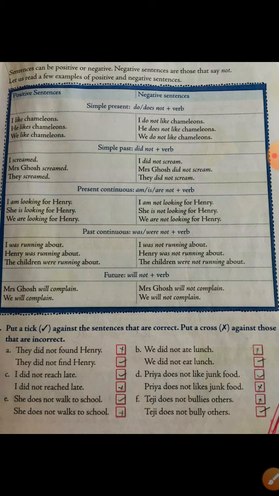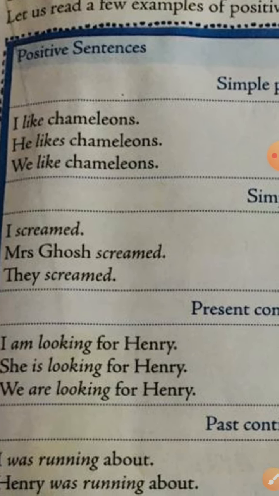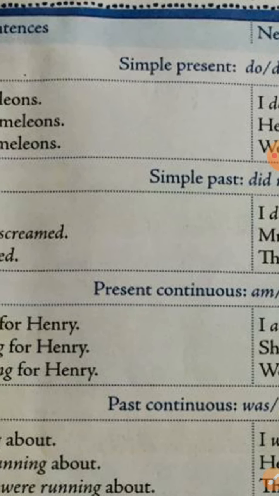Today we are going to do negative forms of simple present, simple past, present continuous, past continuous and simple future. So dear students, here is a chart where you can see how we make negatives with simple present.